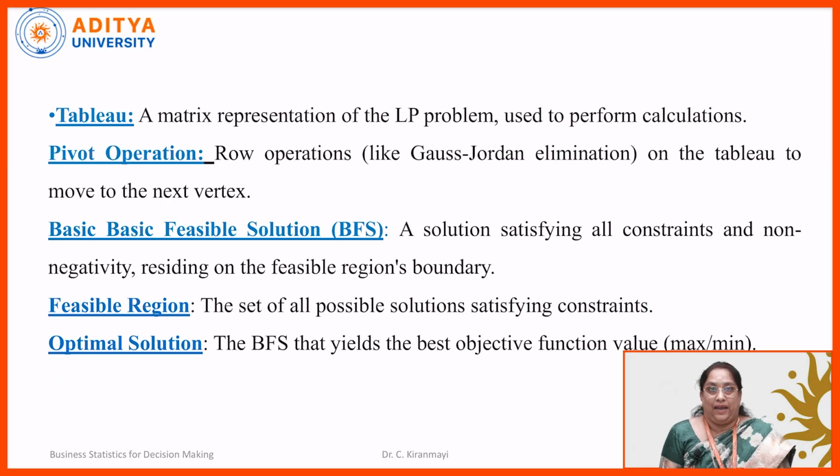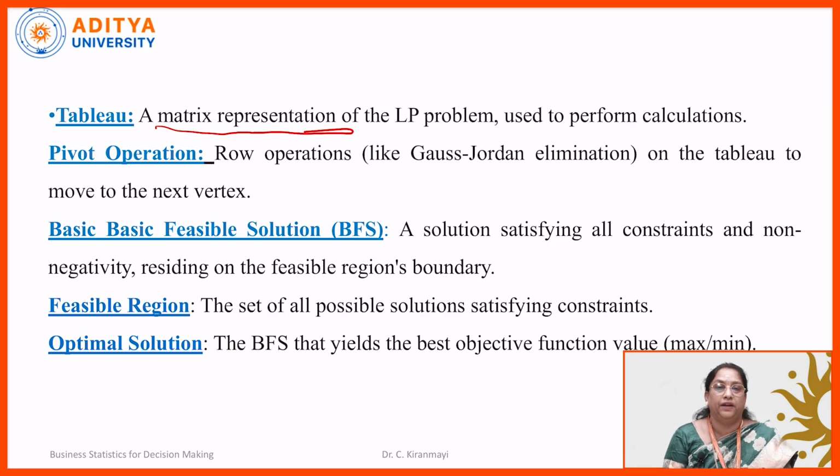And table. Initially, in order to find the optimum solution, the given linear programming problem should be set up in the form of a matrix, that is, in order to set up the table.